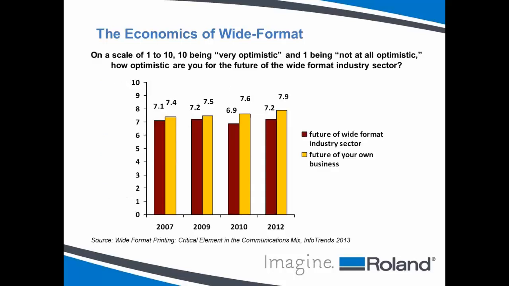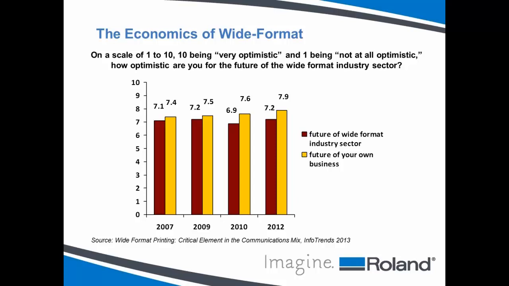So let's look at the economics of wide format a little bit further. We mentioned that wide format was on the rise. Let's take a quick snapshot of what that looks like. According to InfoTrends, print service providers with wide format capabilities are very optimistic about not only the industry, but even more optimistic about the growth and success of their own business.